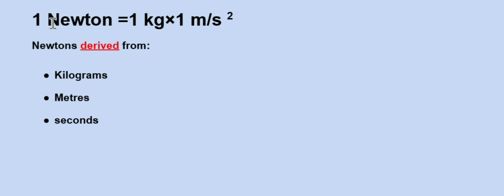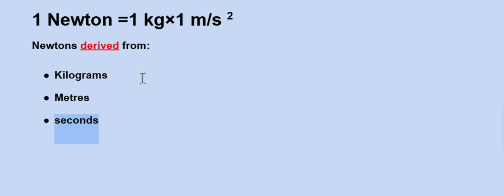And this is the formula for a newton. A newton is 1 kilogram times 1 meter divided by seconds squared. Right, so you'll see you've got kilograms in there, which is a base unit, meters, another base unit, and seconds, another base unit. And you're multiplying and dividing them to derive how many newtons.